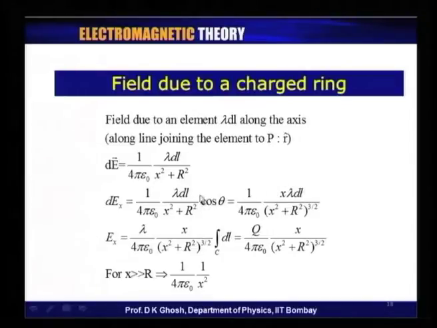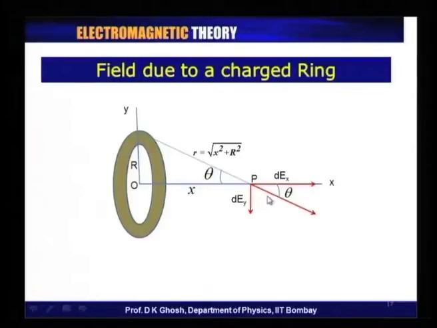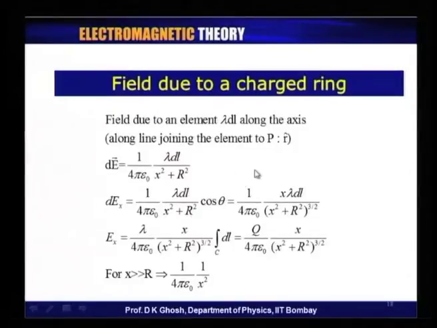Now, if you look at what is cosine theta, cosine theta is nothing but x divided by this distance again. So, therefore, what I get is 1 over 4 pi epsilon 0 x by x square plus r square to the power 3 by 2 lambda dl.